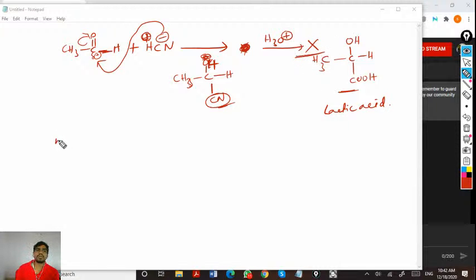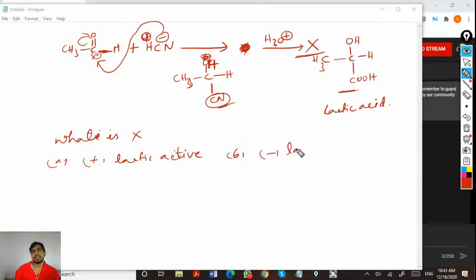So what is X? Option A, plus lactic acid. This is about the optical activity. Option B, minus lactic acid. Option C, racemic lactic acid.